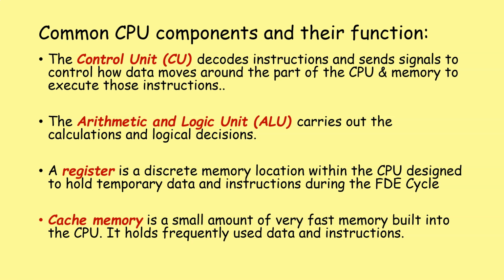A register is a discrete memory location within the CPU designed to hold temporary data and instructions during the FDE cycle. Cache memory is a small amount of very fast memory built into the CPU. It holds frequently used data and instructions.